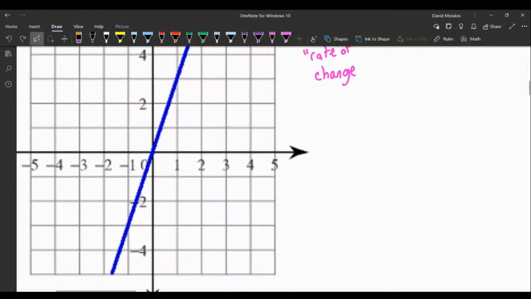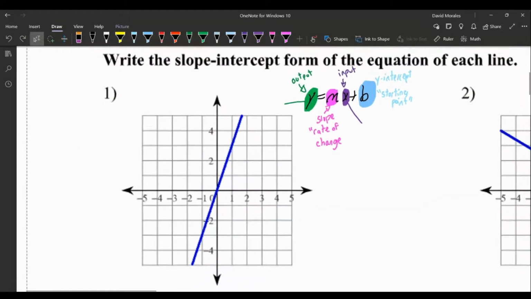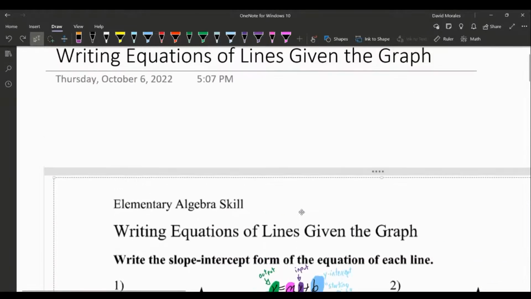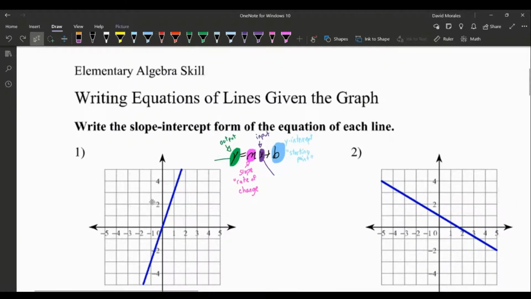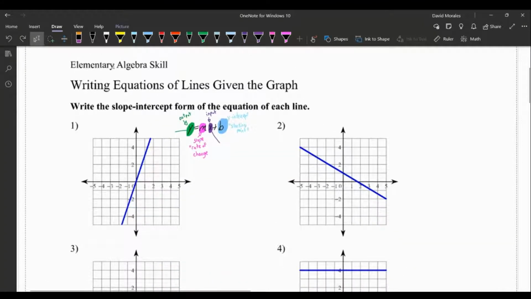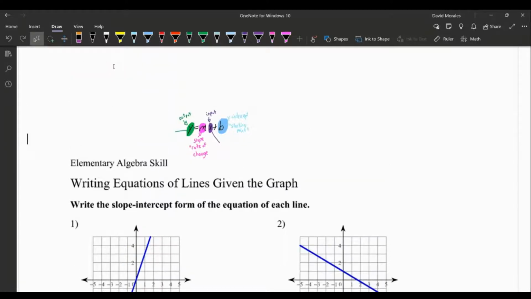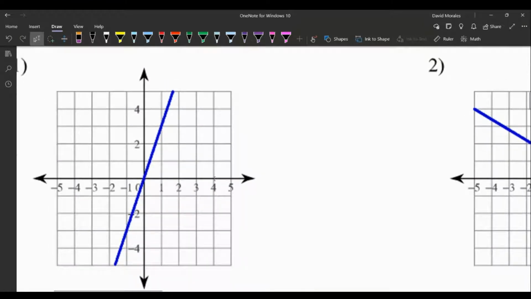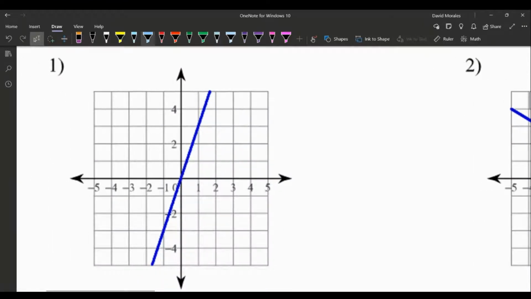Let me move this down a little bit. Always remember that when we read a graph, we always go from left to right, because time flows in one direction.